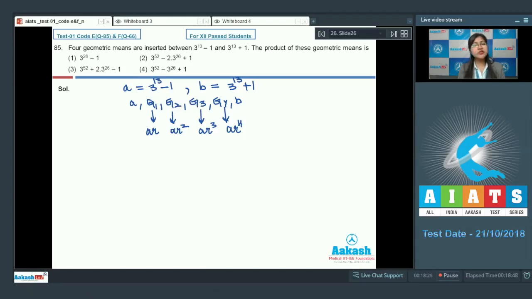Now the product of these geometric means will be equal to a raised to the power 4 into r raised to the power 4 plus 3 plus 2 plus 1, which will be equal to 10, right? Now this can be written equal to a square r5 whole raised to the power 2, which can further be written equal to a into ar5 whole raised to the power 2. Now we know that b will be equal to ar5, so this can be written equal to a into b whole square, right?